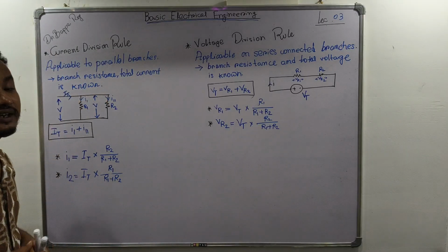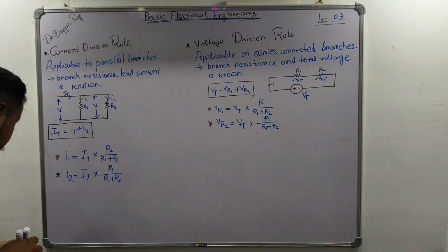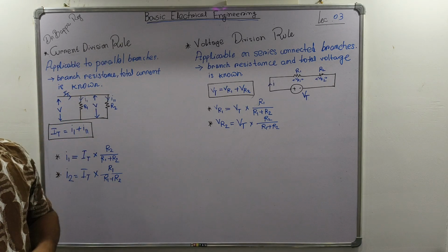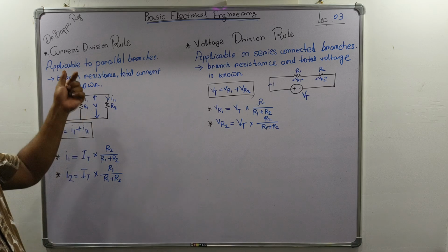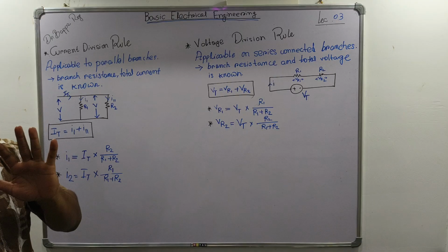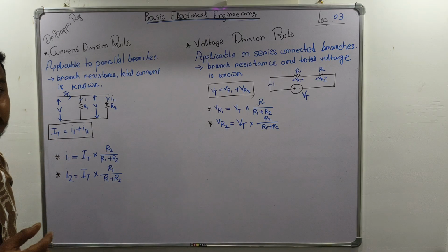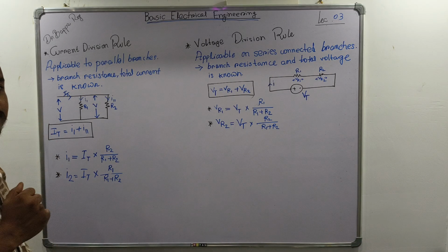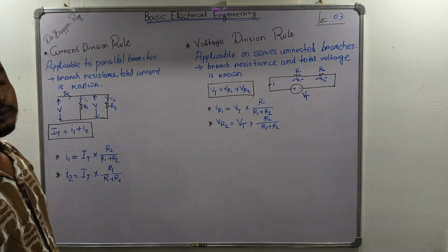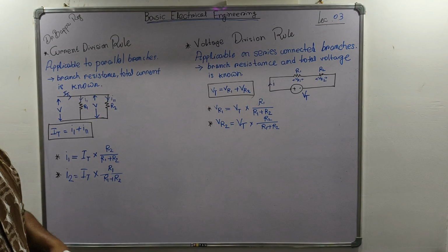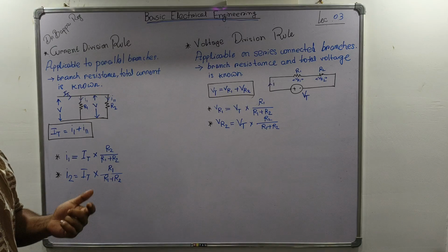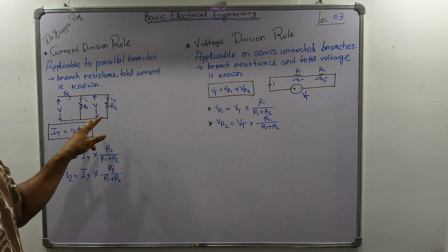First, let's see the current division rule. From the name you can assume that it divides the current. By using this rule we can find the value of current in a particular branch, but the current division rule can only be applied to two, three or four branches when they are connected in parallel.